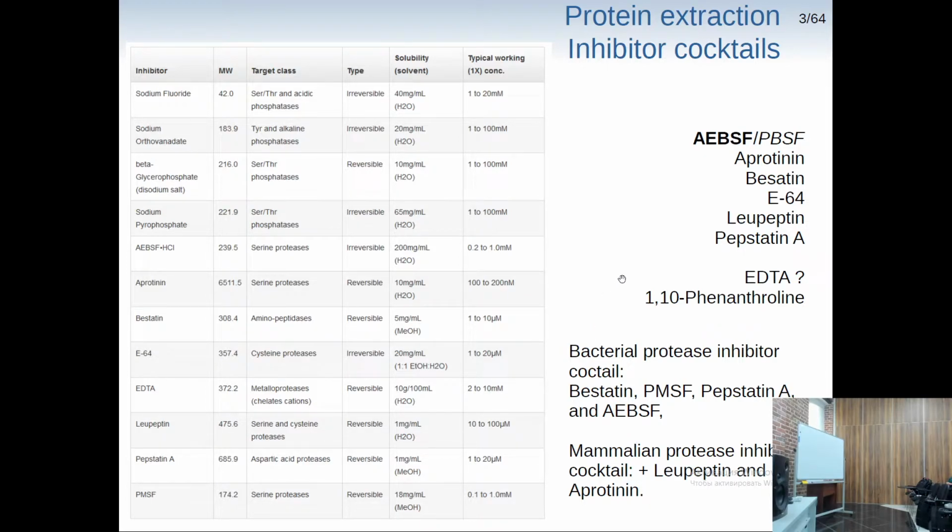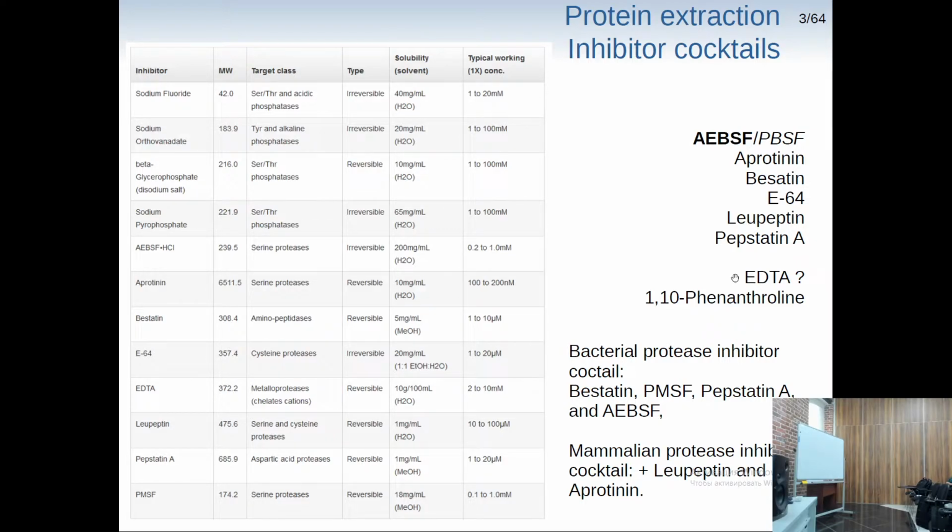Also, if you're working with metalloproteases or proteins which use some metal ions for functioning, you should not use EDTA in the solution because EDTA will chelate most divalent ions, which is a good thing.